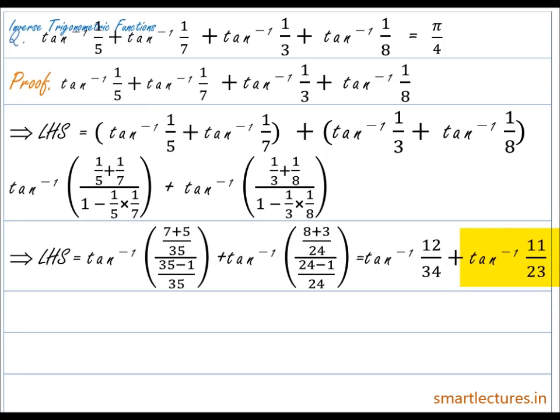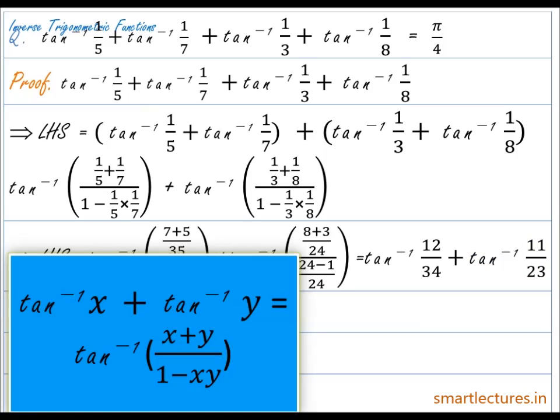And now again applying the property for the sum of tan inverse x and tan inverse y, where x is equal to 12/34 and y is equal to 11/23, and the product of 12/34 into 11/23 is also less than 1.